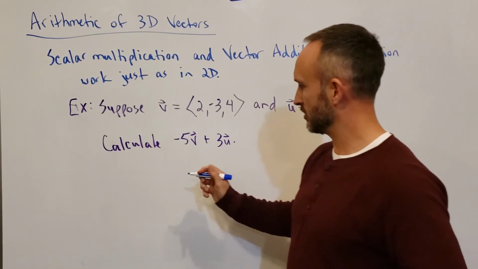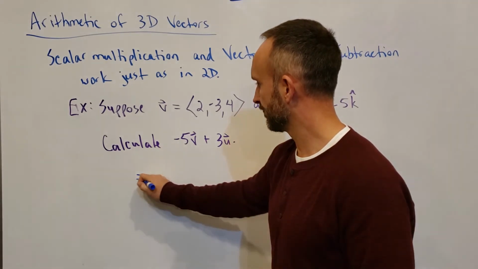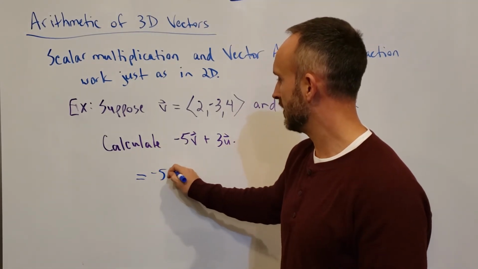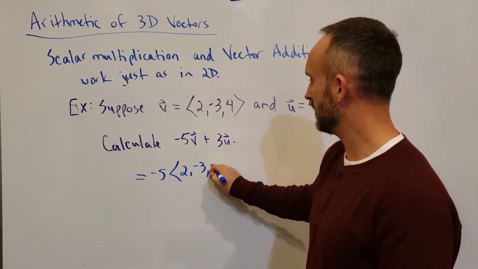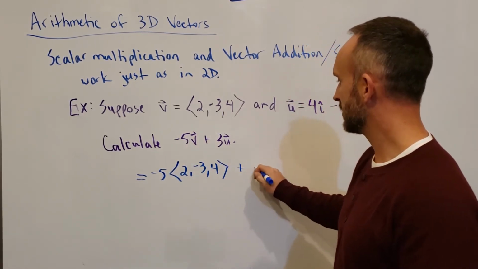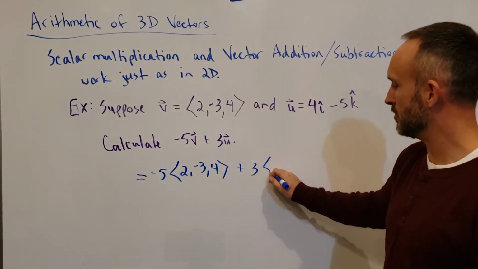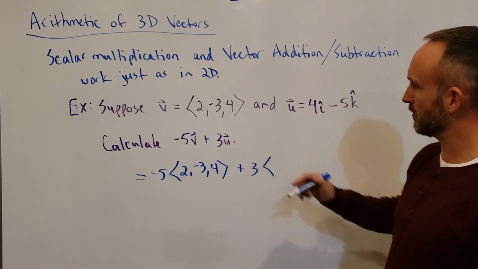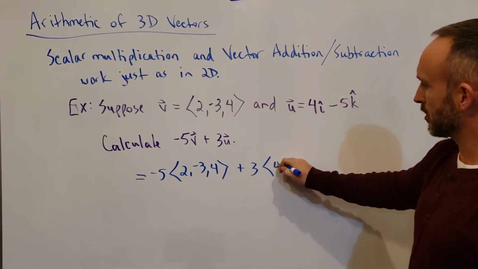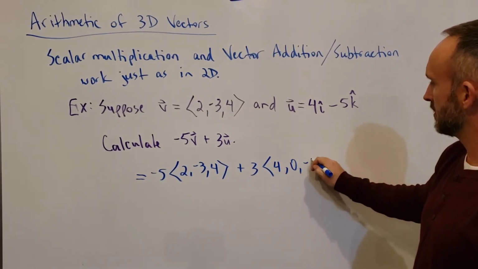So writing this out, it looks like this. We've got -5 times vector v, 2, -3, 4, plus 3 times vector u. And just for the sake of consistency, I'll write vector u in component form as well. So that'll be 4, 0, -5.